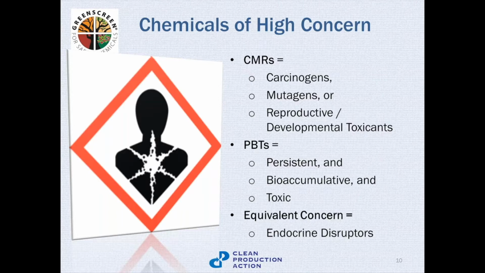And so this definition is a fairly harmonized definition of chemicals of high concern, which include CMRs, carcinogen, mutagen, reproductive and developmental toxicants, PBTs, persistent, bioaccumulative and toxic, and other types of equivalent concerns such as endocrine disruptors.